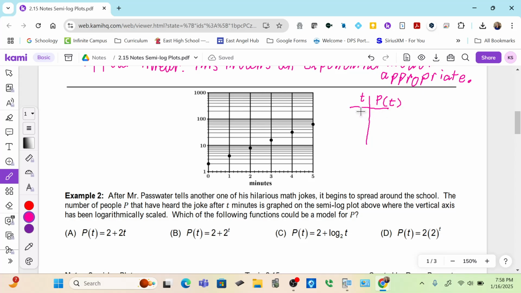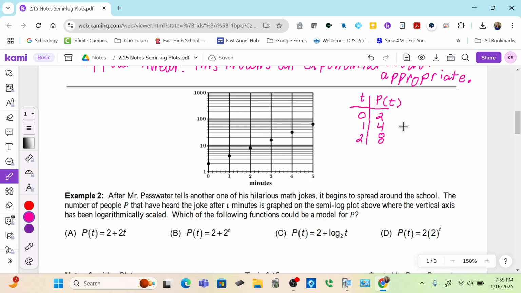At minute 0, 2 people heard the joke. At minute 1, we have 2, 3, 4 people have heard the joke. And at minute 2, we have 5, 6, 7, 8 people have heard the joke.